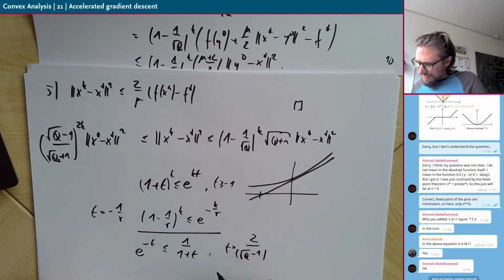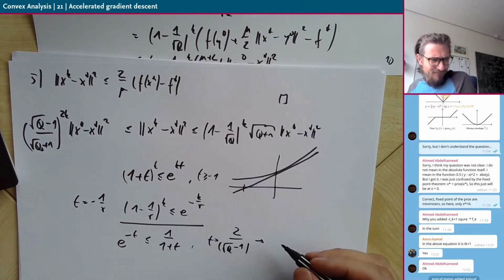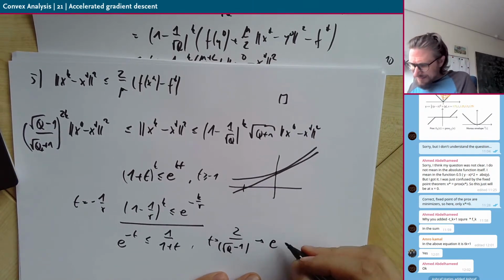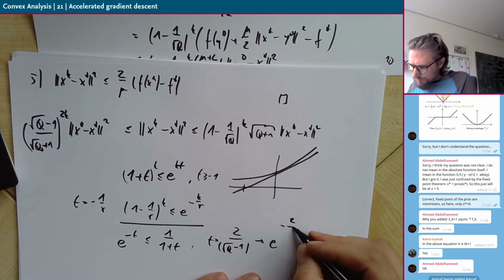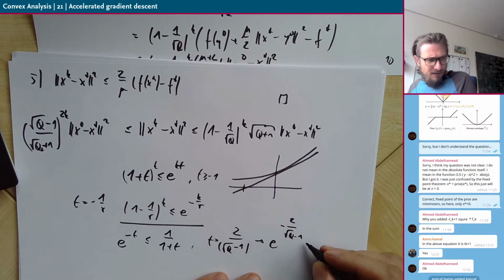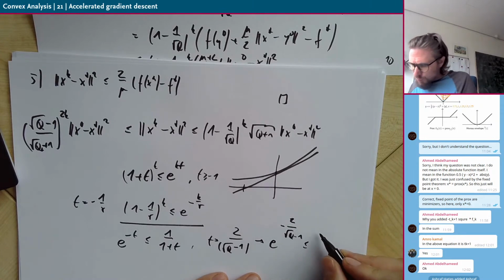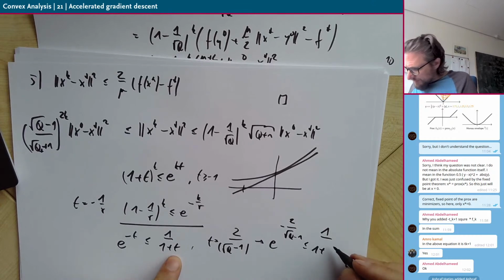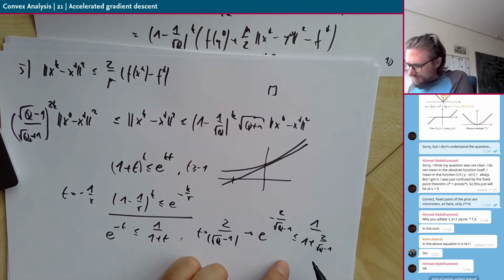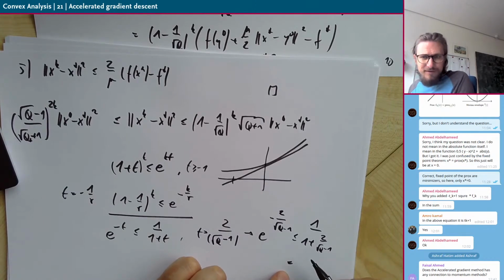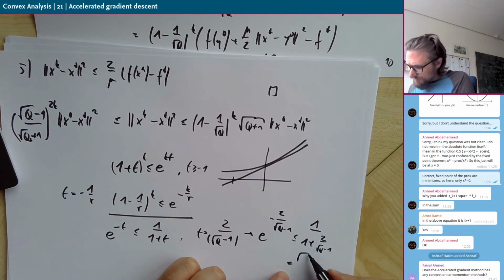Then we get that e to the minus 2 over square root of q minus 1 is smaller than 1 over 1 plus 2 over square root of q minus 1. And actually the right hand side evaluates to square root of q minus 1 over square root of q plus 1.